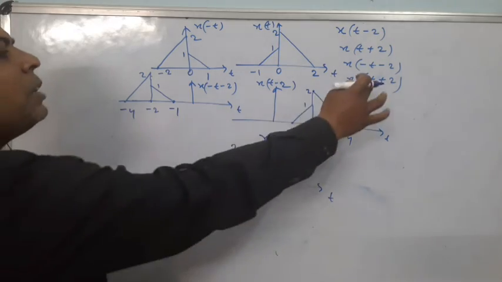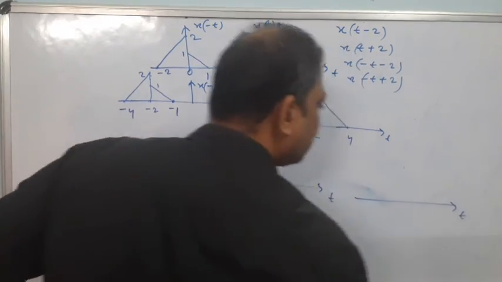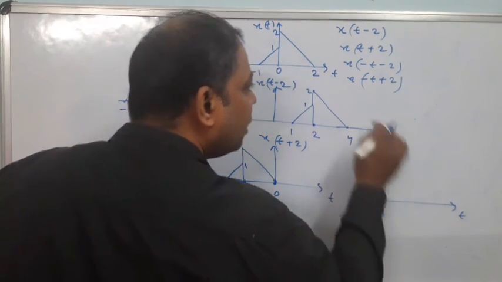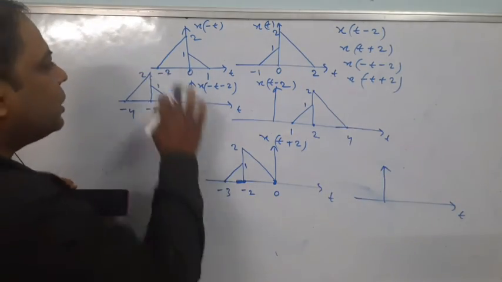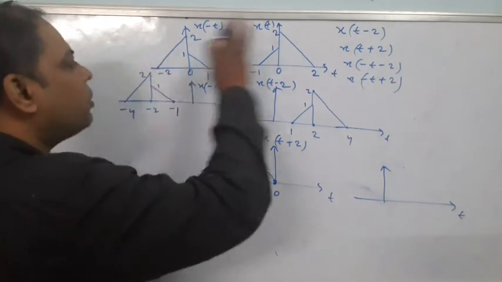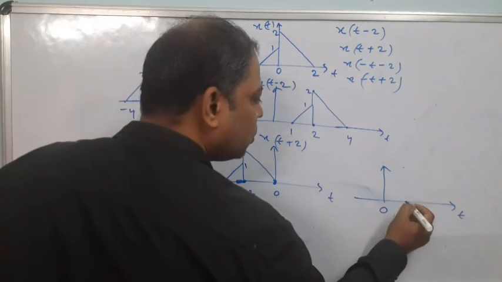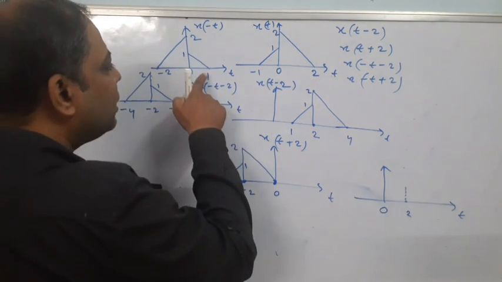Similarly, you can plot x of minus t plus 2. Look, here I am plotting x of minus t plus 2. Plus 2 here, minus t plus 2, means not left shifting but right shifting. Okay. So this folded signal you have to shift towards right by an amount of 2. So -2 plus 2 is 0, 0 plus 2 is 2, and 1 plus 2 is 3. That means here you will consider this axis.